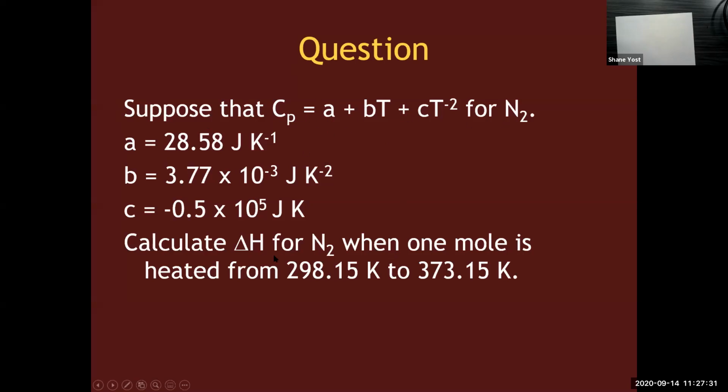We want to know what is the enthalpy change given that temperature-dependent heat capacity when I go from 298.15 Kelvin to 300.15 Kelvin. How the equation is given, the units of A, B, and C, these constants, have built-in units to make everything work out.